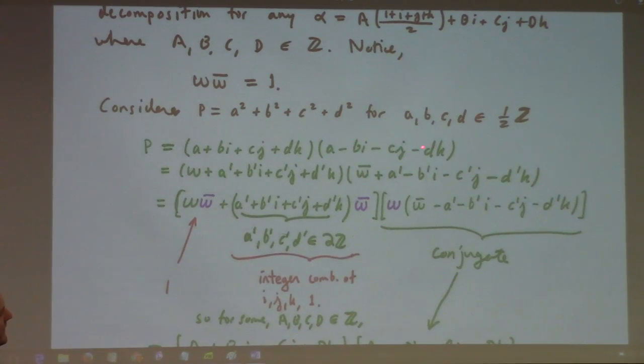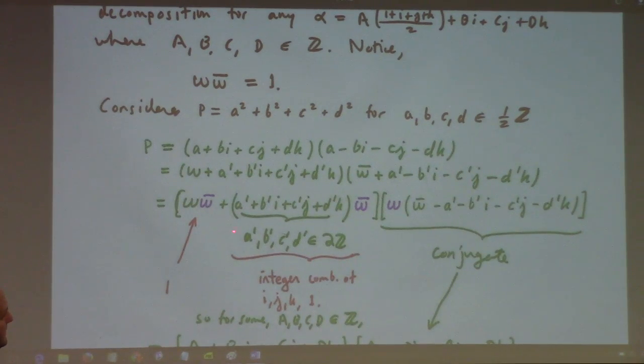That's just using the quaternionic norm being the quaternion times the conjugate. And then what did I do here? What's my next step? Remember, I assumed that we can rewrite a, b, c, d in terms of that and that. And then I just multiply these. So like omega times omega bar, and this times omega bar, and that omega times all of that.